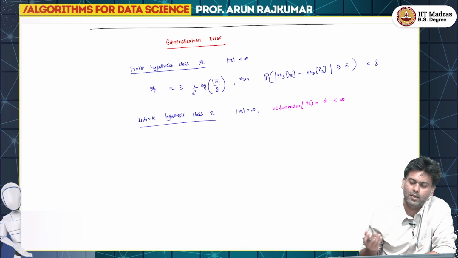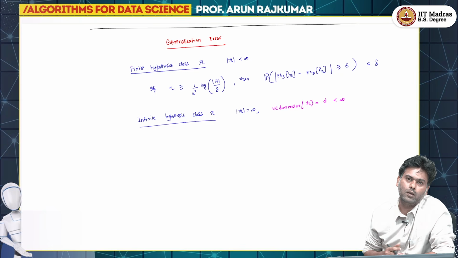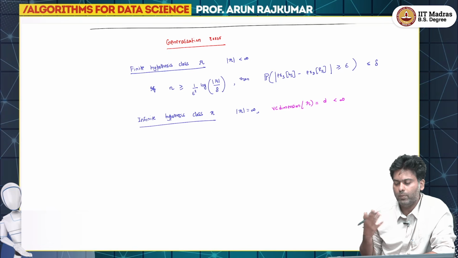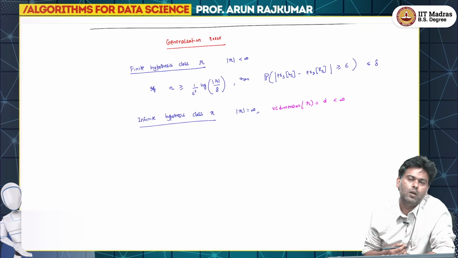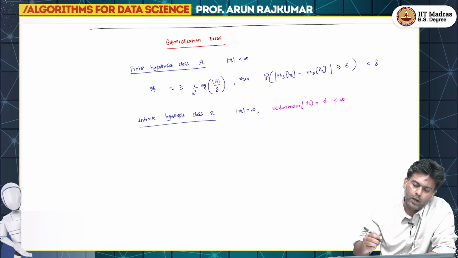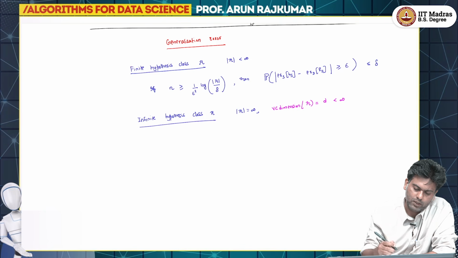Last time I argued that even in this case uniform convergence will hold. And if you want a sample complexity result, you will get something of this form.